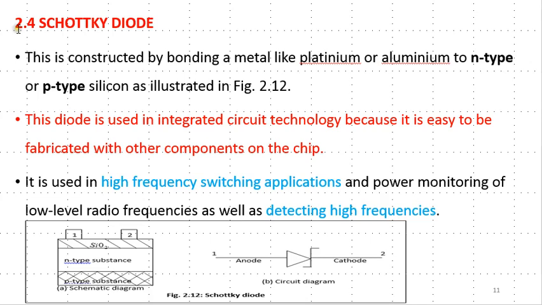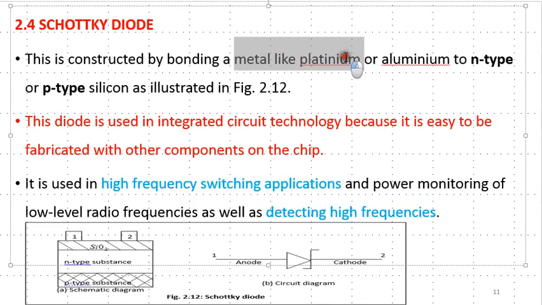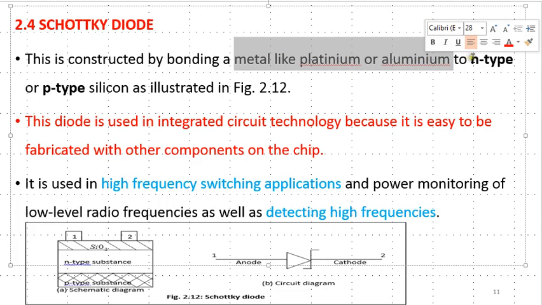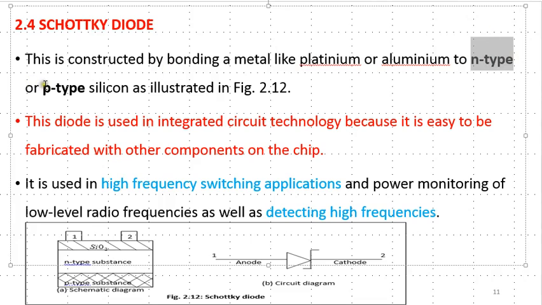Then another type of diode apart from the ordinary PN junction diode we have seen is what they call Schottky diode, and this diode is constructed with metals like platinum or aluminum, and it is fabricated using N-type or P-type semiconductor as illustrated here, meaning we don't use P and N-type semiconductor, we use only one type, either P as our channel through which the signal will be flowing, though we have the N-type here below, P-type below the N channel, but this one we call it substrate, and this substrate is nothing but the base on which the whole diode is fabricated.